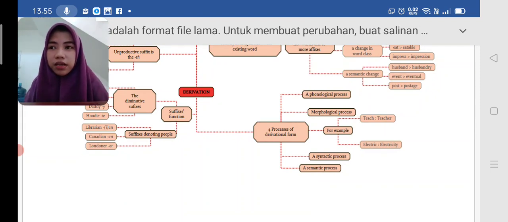For example, the guy from London, we call him Londoner or Briton.